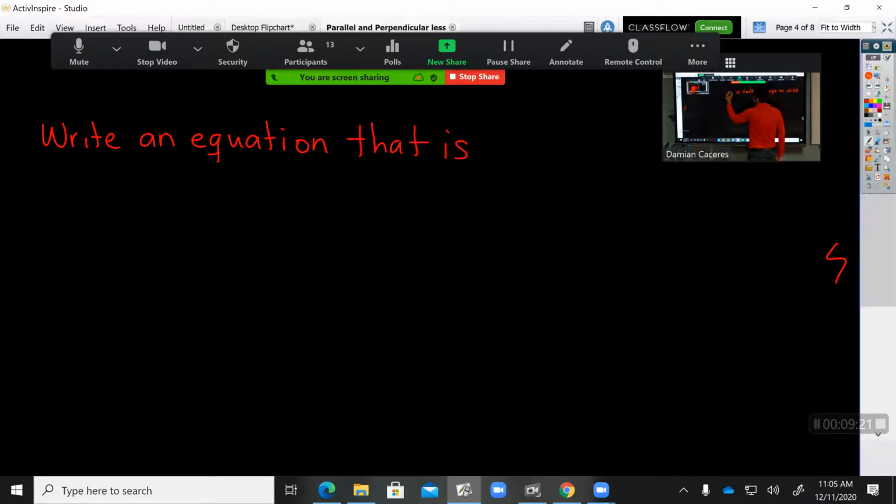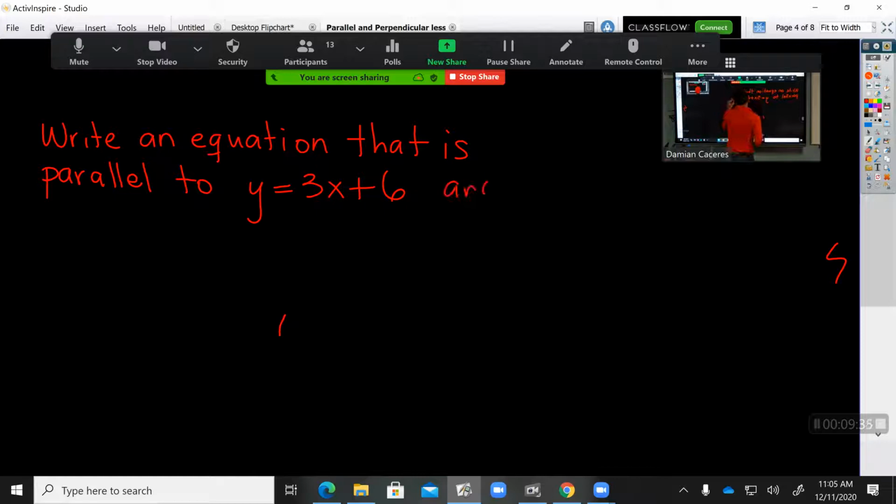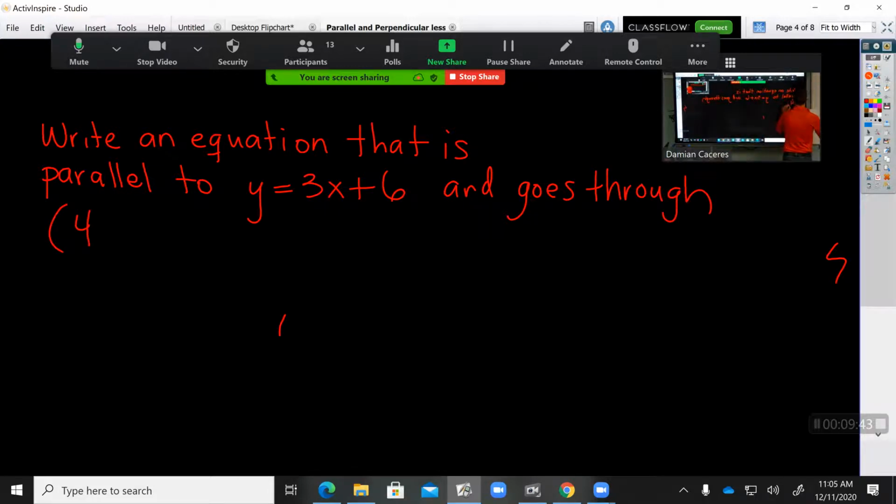So let me write the instructions so whenever you see these instructions, you'll remember what you have to do on this. So this is going to say something like this. Write an equation that is parallel to y equals 3x plus 6 and goes through 4, 7.